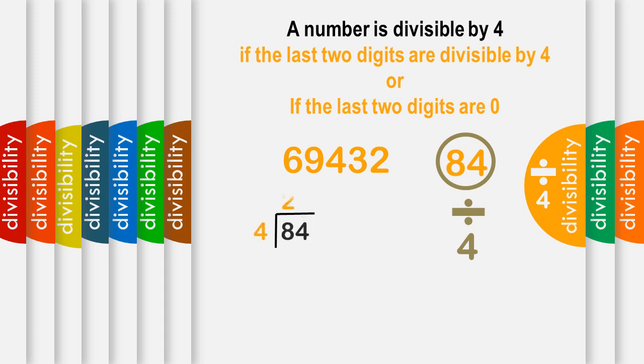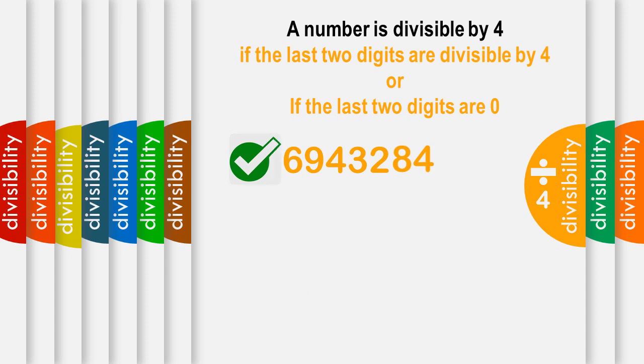Divide 84 by 4. If we divide 84 by 4, the quotient is equal to 21 and the remainder is equal to 0. Hence, 69,43,284 is also divisible by 4. Look at another number. 2,500 is divisible by 4? Yes, because the last two digits are 0.